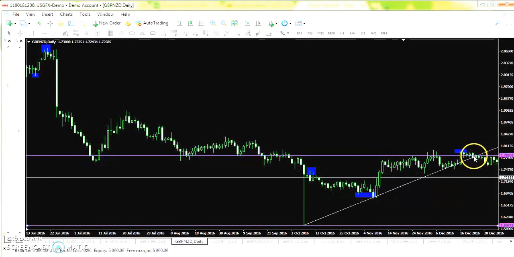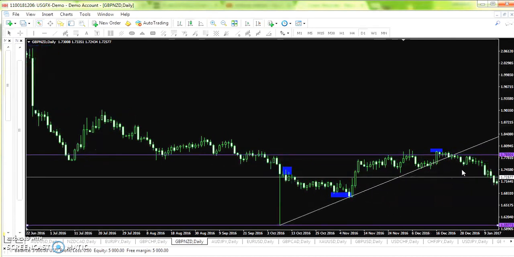And whatever I risk, at least double the amount of reward would be required by me for this setup and for this trade. So if I'm gonna sell on this point, my target would be at least double the risk which I have taken from this market.